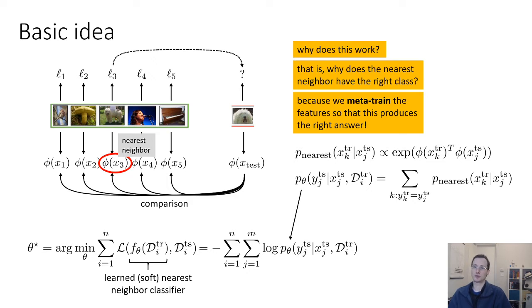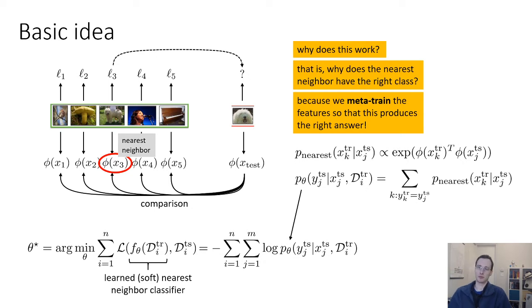Another way you can think about it is you can take each label, and for each label you sum the probability of all the points that have that label being the nearest neighbor. And the label that has the highest sum of probabilities is the label that you would assign to that test point. Okay, so just to recap, we're going to compute p nearest, which is the probability of each training point being the nearest neighbor of our test point.